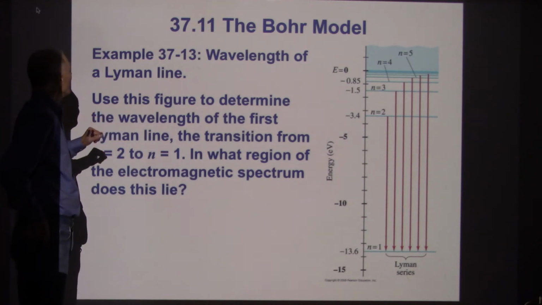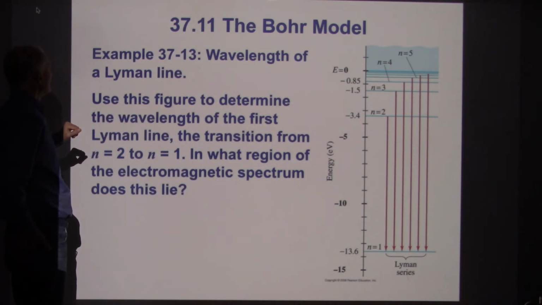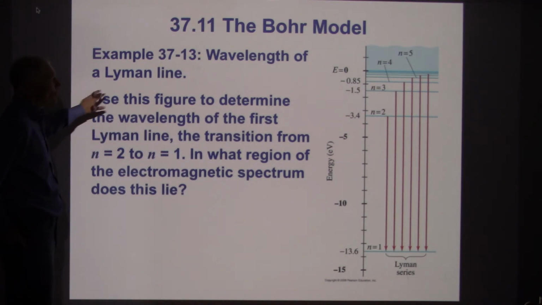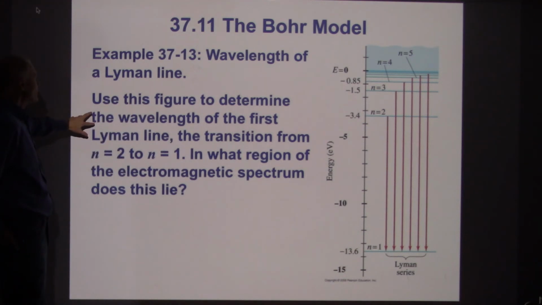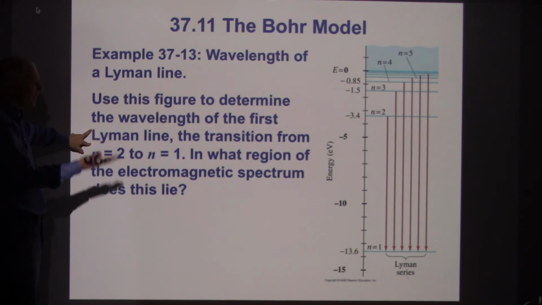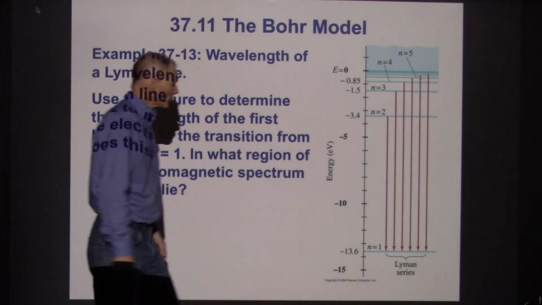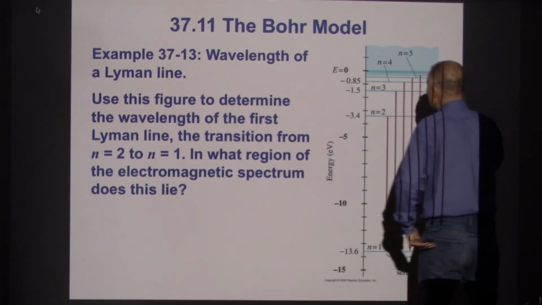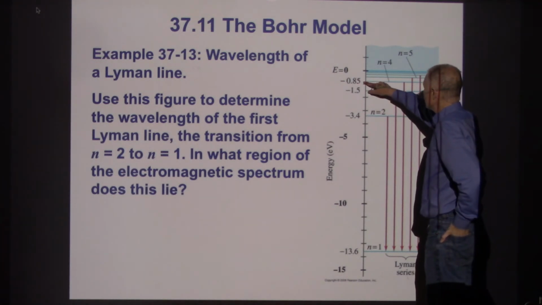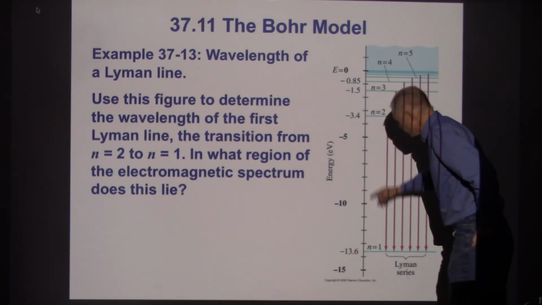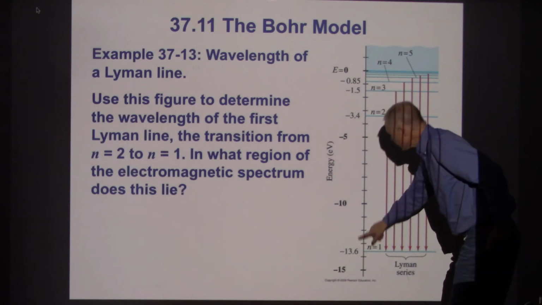It says, use this energy diagram to determine the wavelength of what are called the Lyman series, or the Lyman transitions. The transitions we're looking for here, these are the energies of the different quantum levels. So the lowest would be minus 13.6.